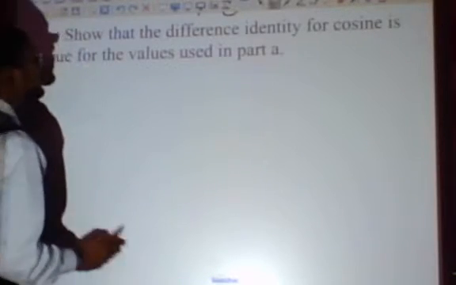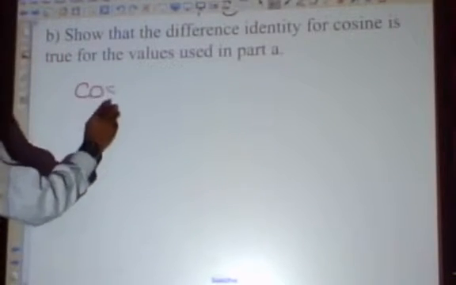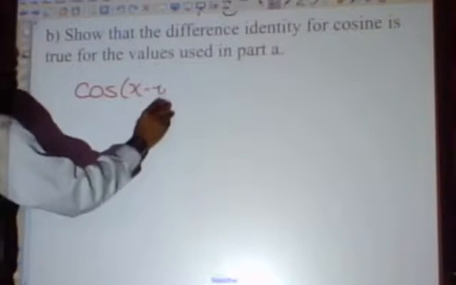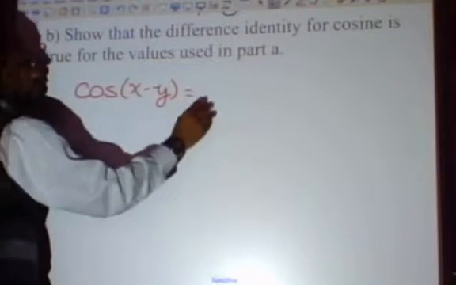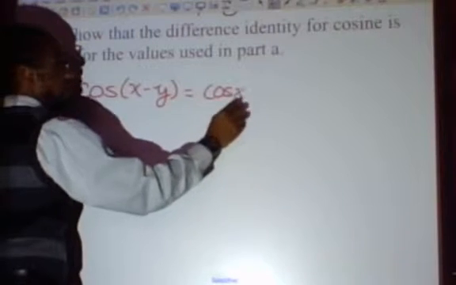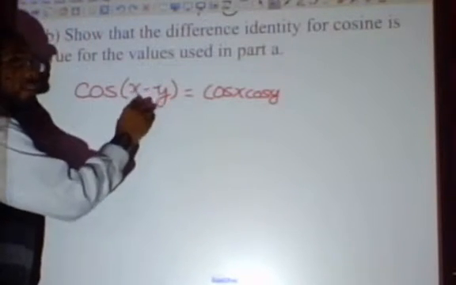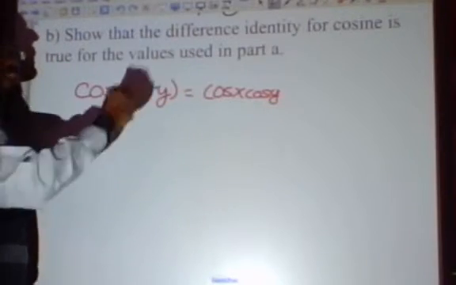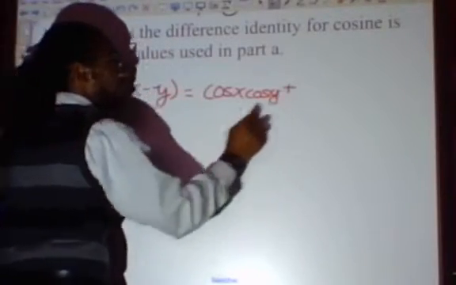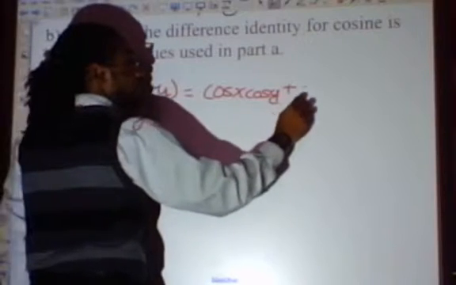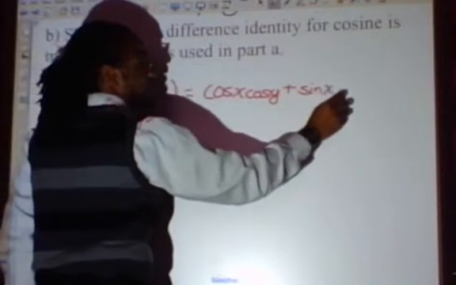So, cosine x minus y will equal cosine x cosine y, and because there's a minus here, we change the sign. It's a plus there. So this is sine x sine y.